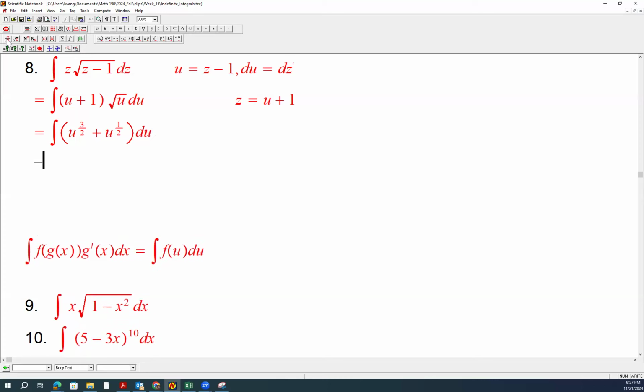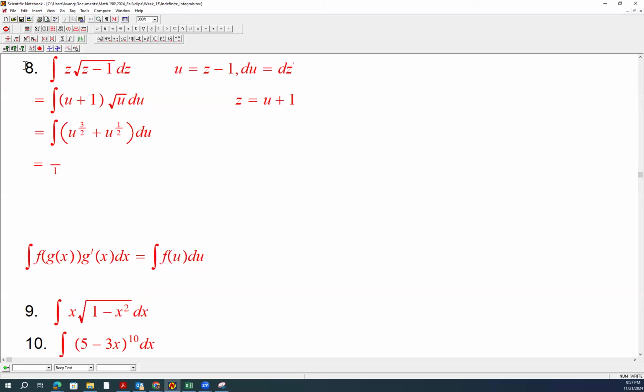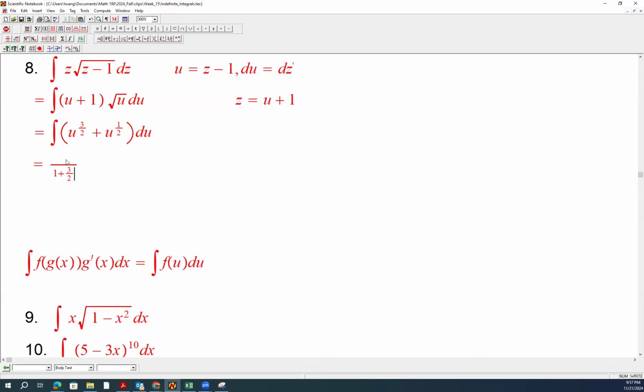And be very careful when we are working these kinds of questions, right? We just apply power rule, and that's going to be 1 plus 3/2 under 1, and u raised to the power of 5/2.